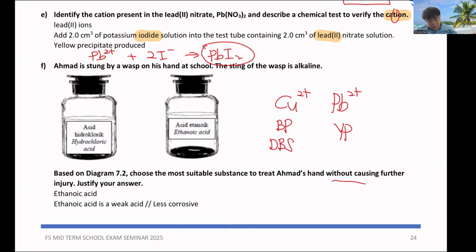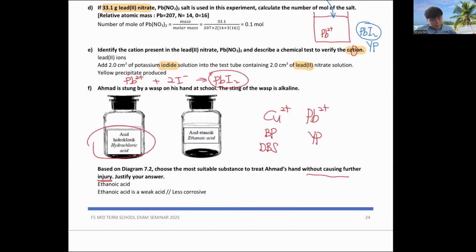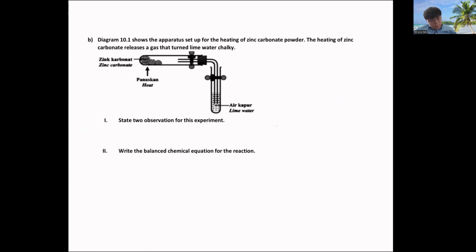Because if you put extra hydrochloric acid, hydrochloric acid is corrosive, so it might corrode your left hand, so further injury. So in this one, based on the marking scheme, they don't accept hydrochloric acid. It must be ethanoic acid. Yeah. Then after that, we will go through.